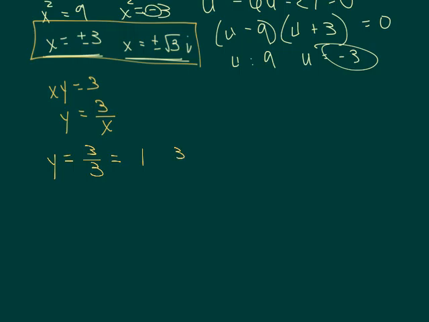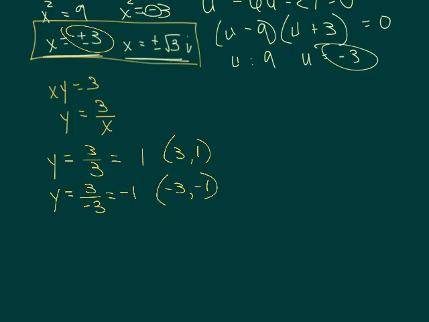So when x is 3, y is 1. What about when x is negative 3? y equals 3 over negative 3 equals negative 1. So when x is negative 3, my y is negative 1. Okay, so there's 2 of my points.